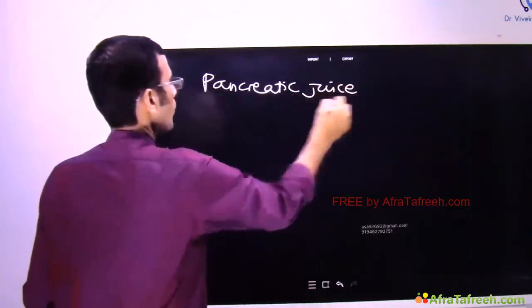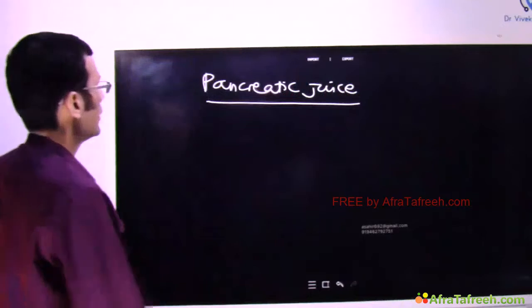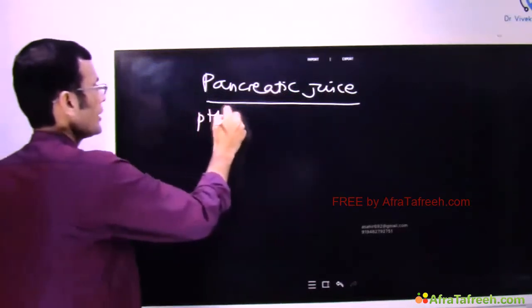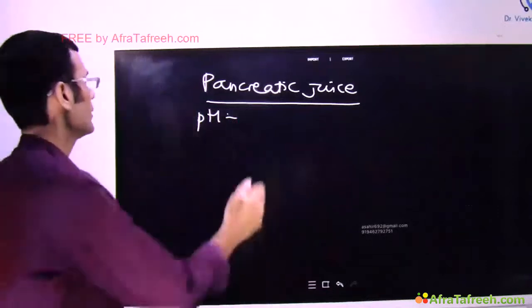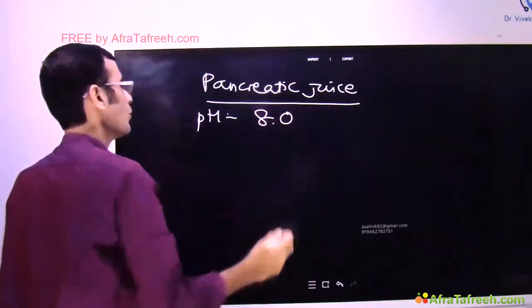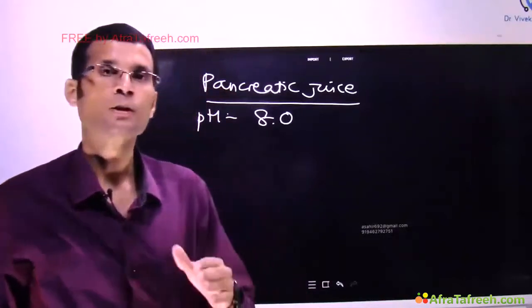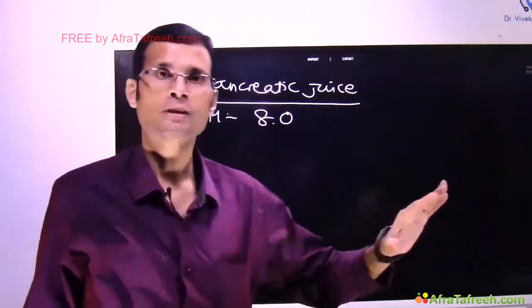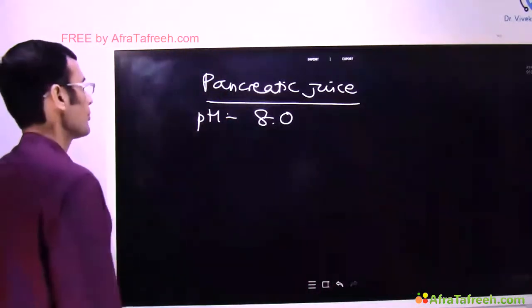Let us see some important aspects of pancreatic juice. Its pH is the highest among any of the juices, 8 or more. So among all the digestive juices, the lowest pH is that of gastric juice and the highest pH is that of pancreatic juice.